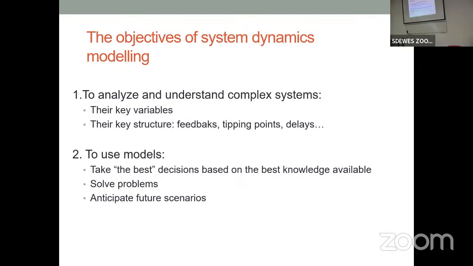By this way, we can understand what the feedback, the tipping points, delays are, and some of the topics we will see later. And the other general objective, of course, is just to use the models. Why? The use of the models usually is oriented to take, I will modify the word, optimal decisions, just to take the best possible decision.